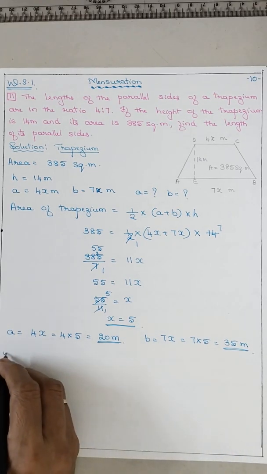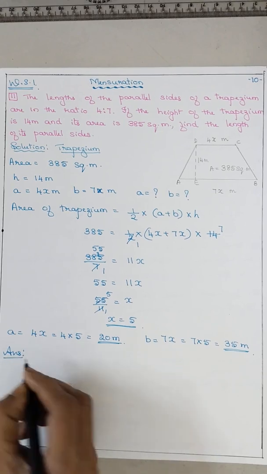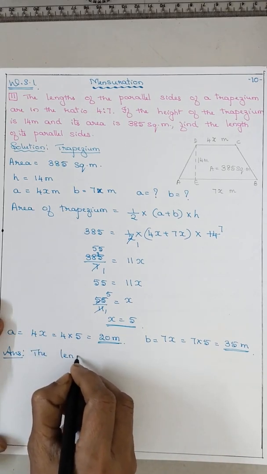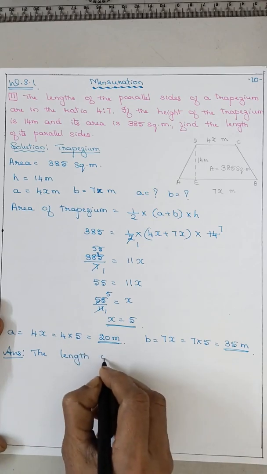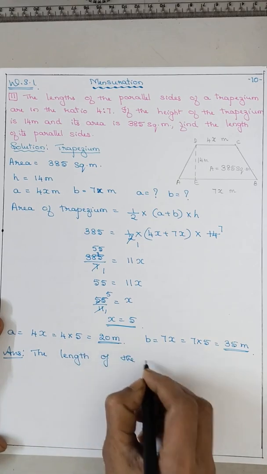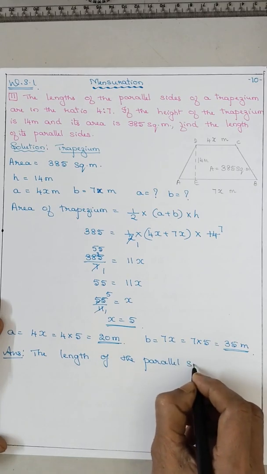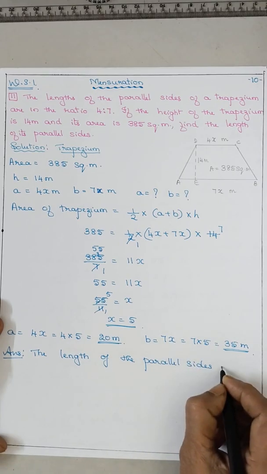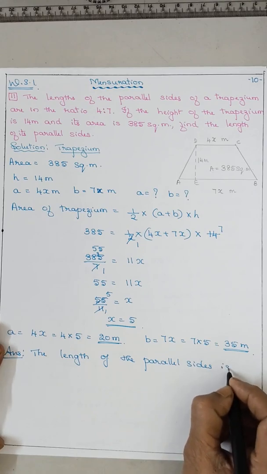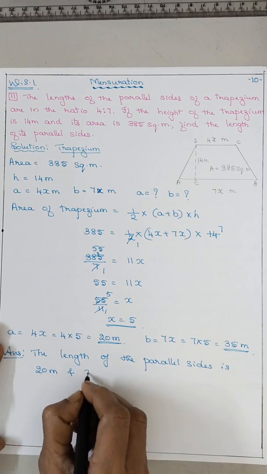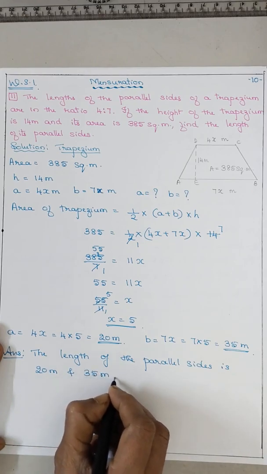So the answer: the length of the parallel sides is 20 meter and 35 meter.